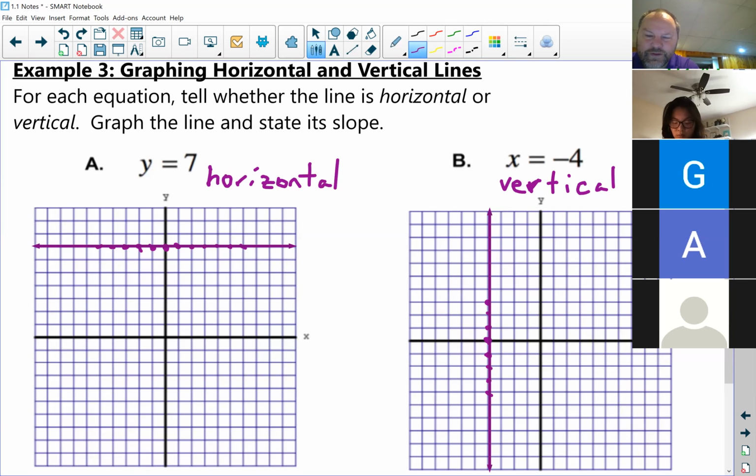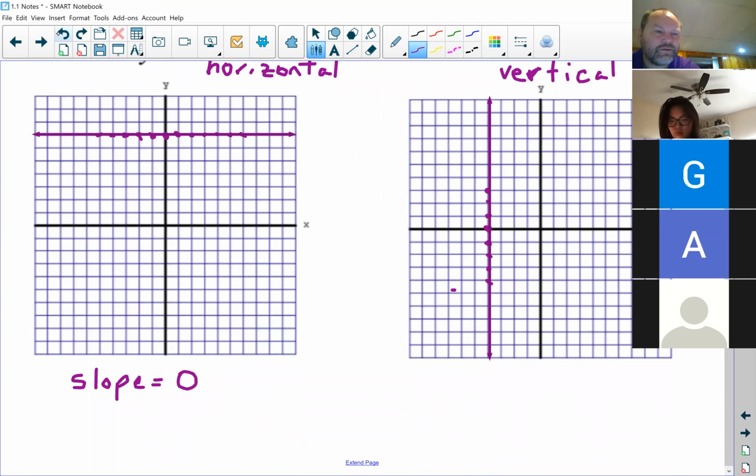So our graph would look like that. And what is the slope? Undefined. Perfect.